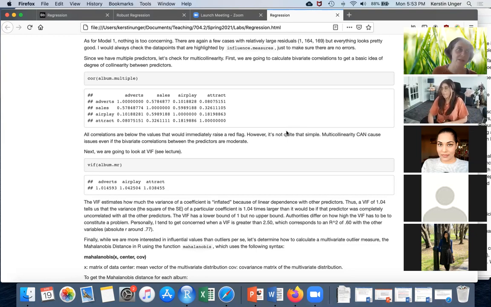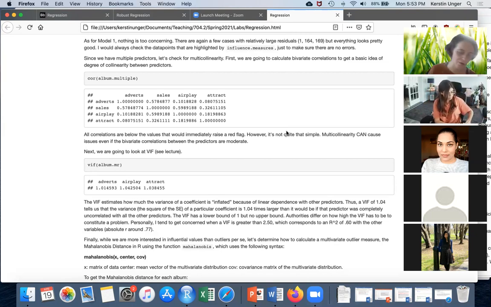So let's assume, for example, that advertisement and airplay were correlated 0.9, right? Then it more or less would mean that they're redundant. First of all, it's then not necessary to include both of them in our model because they basically contain the same information.